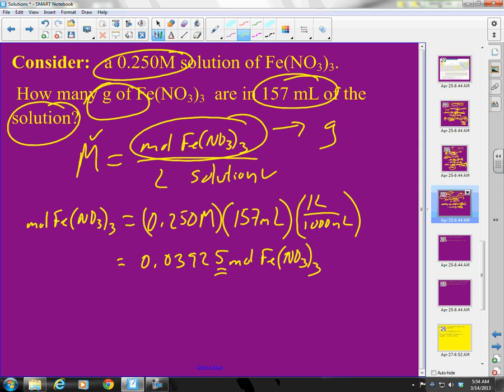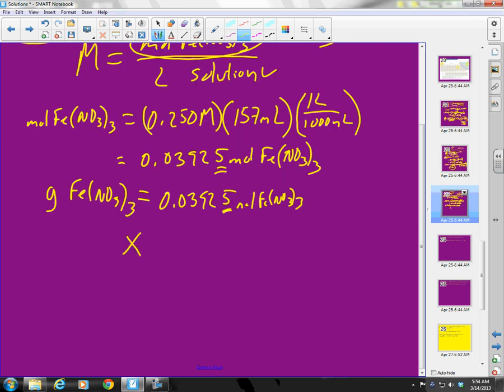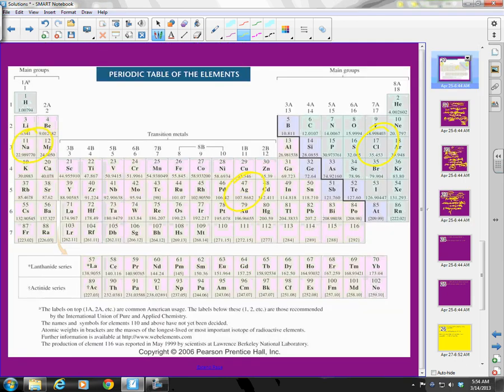All right, so then we have to get grams of iron 3 nitrate, which will equal my moles, 0.03925 moles of iron 3 nitrate, times, we're going to have a big molar mass this time, aren't we? What is iron? 55.85, cool.